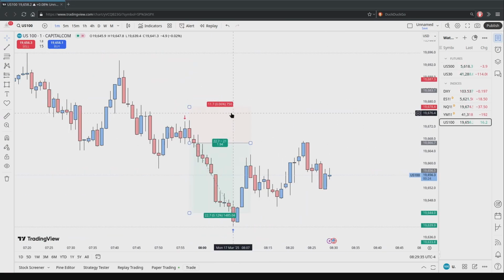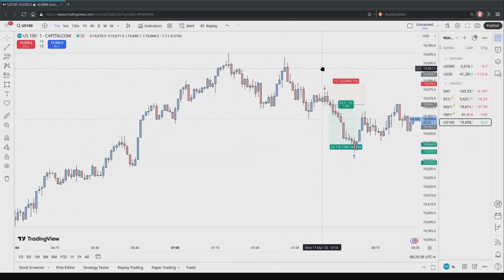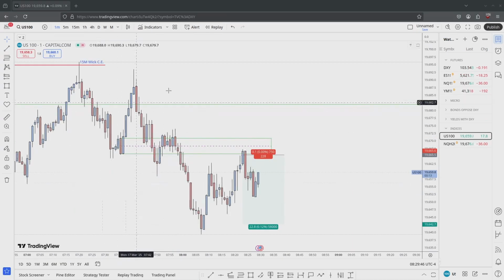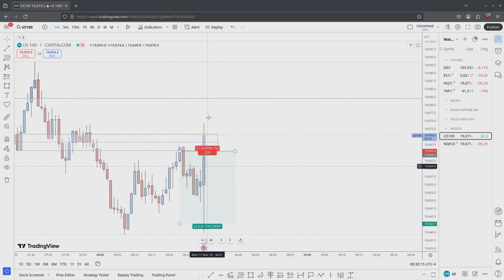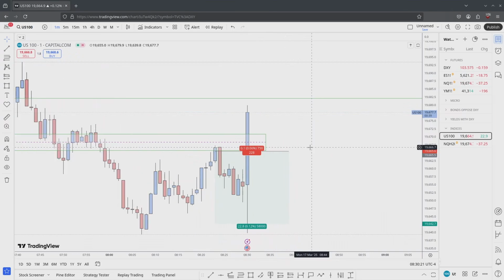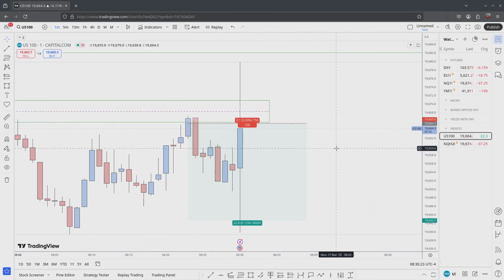As I explained, the reason for taking it, let's just go back: 15-minute wick, failure swing, rallied lower, below a low, breaker block, time of day. Well, there's that. Take profit just got hit, and then we rallied back at 8:30.